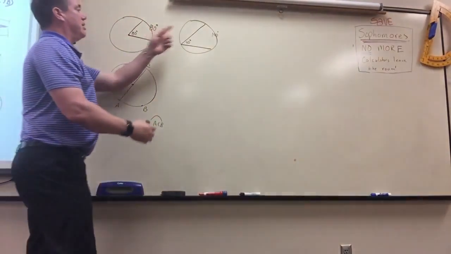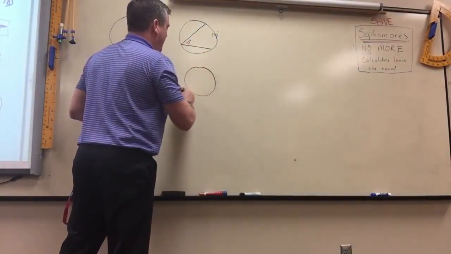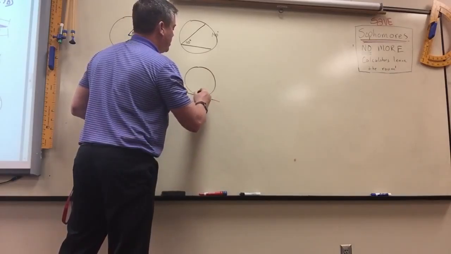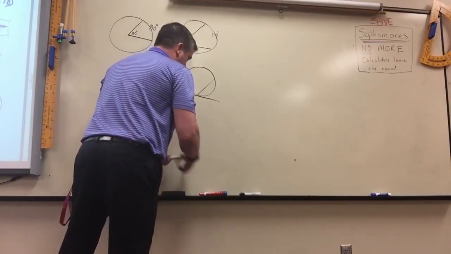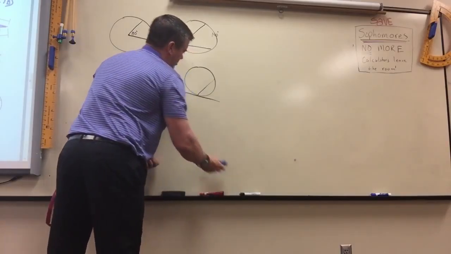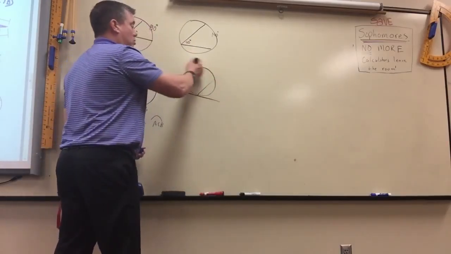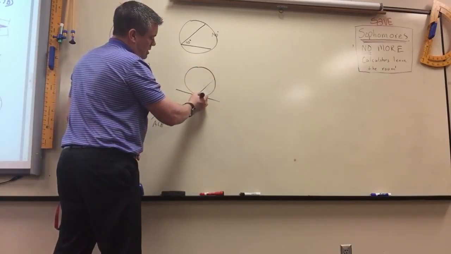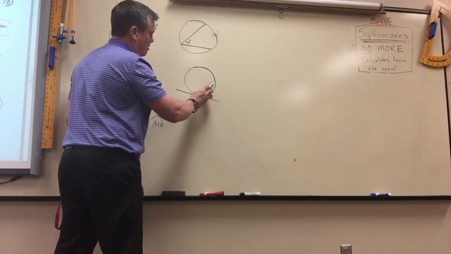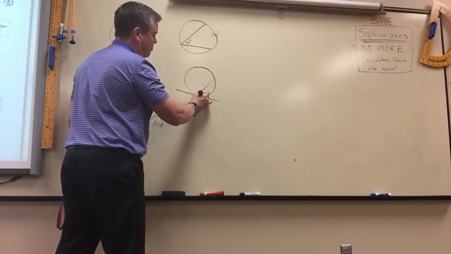Now, similar to this is if you've got a tangent and a chord. If this angle was 80 degrees right here, now let's say it's more like 70.